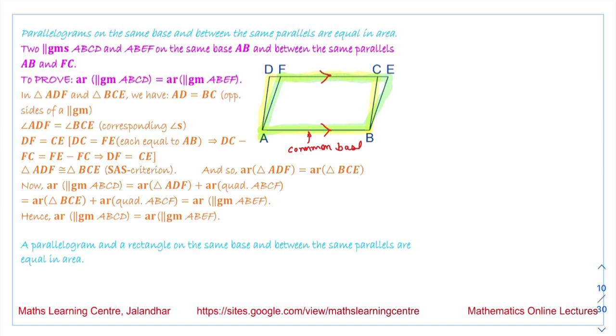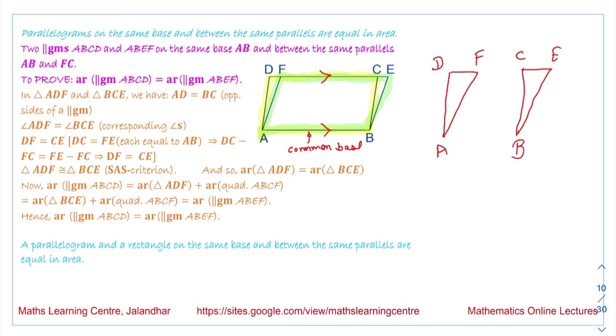So we are considering the triangles. The one triangle we are talking about is AFD. This triangle, I am drawing it over here. This is AFD, and the second triangle we are talking about is CEB. This is ADF and this is CEB.